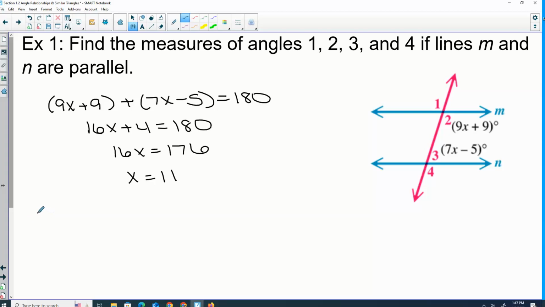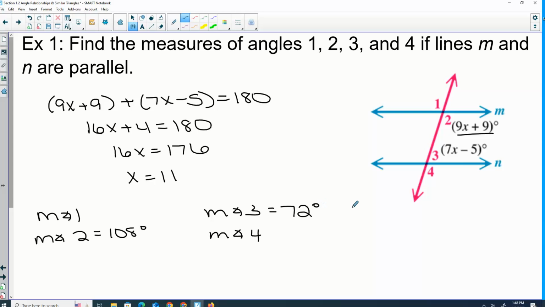So now I need the measures of all these angles. Measure of angle 1, 2, 3, and 4. So if I plug 11 back in for angle 2, 9 times 11 is 99, plus 9 is 108. If I put it into angle 3, 77 minus 5 is 72 degrees.